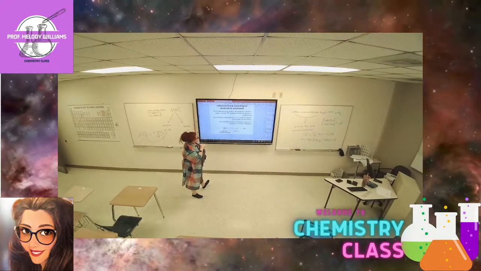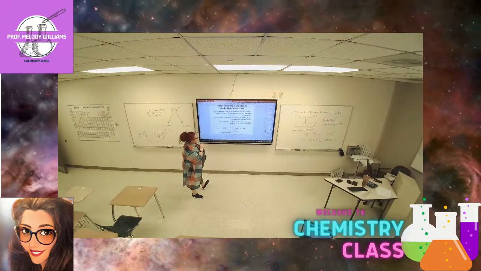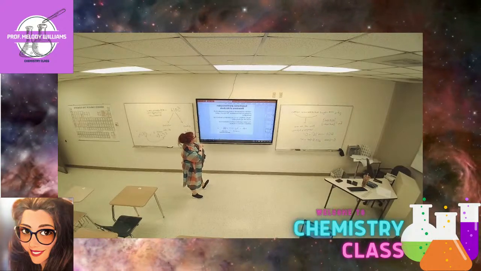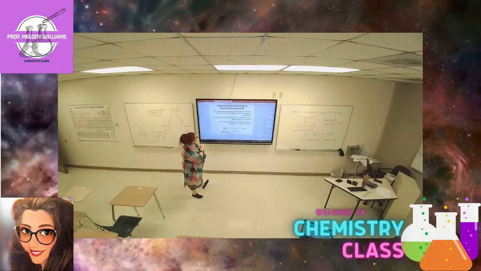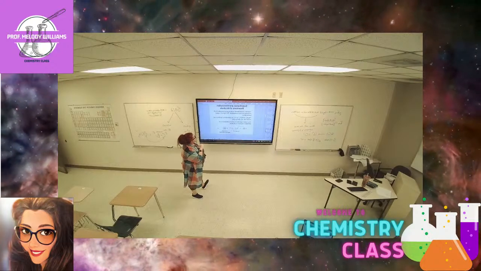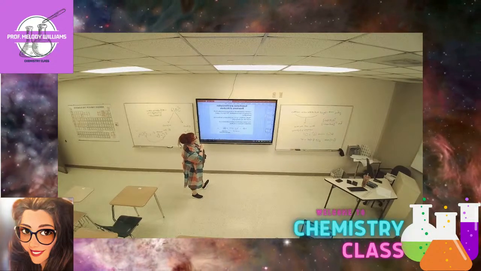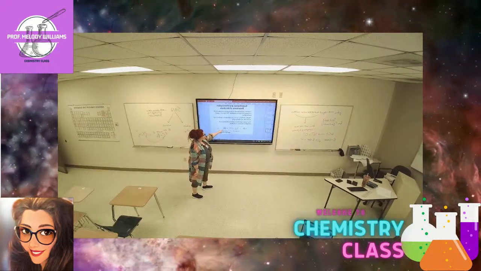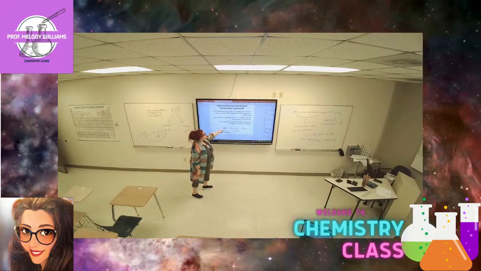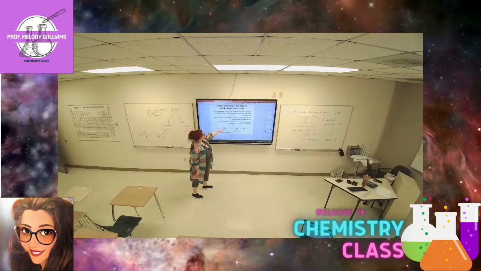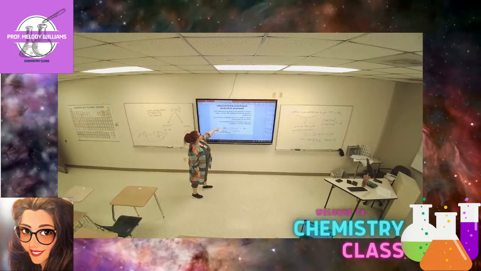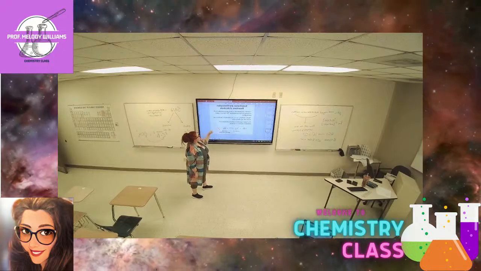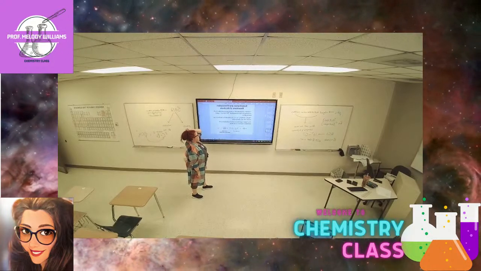pKa of this group, this R-OH plus a strong acid, ROH2 plus. This is a strong acid. Okay, so this protonation of alcohols only occurs with very strong acids.